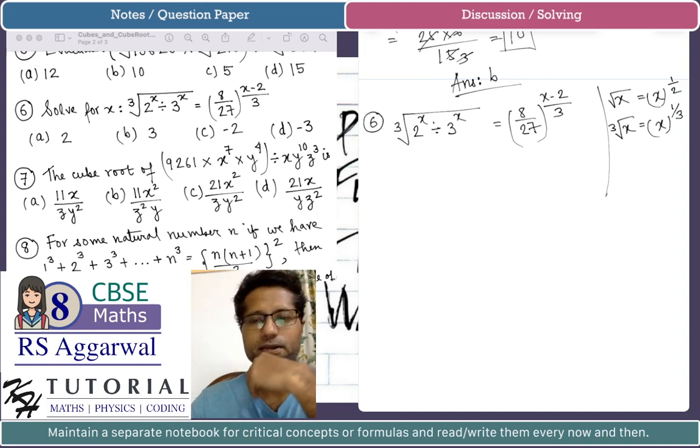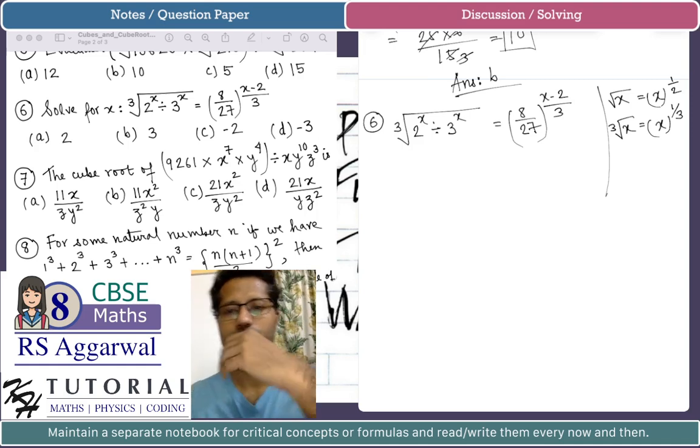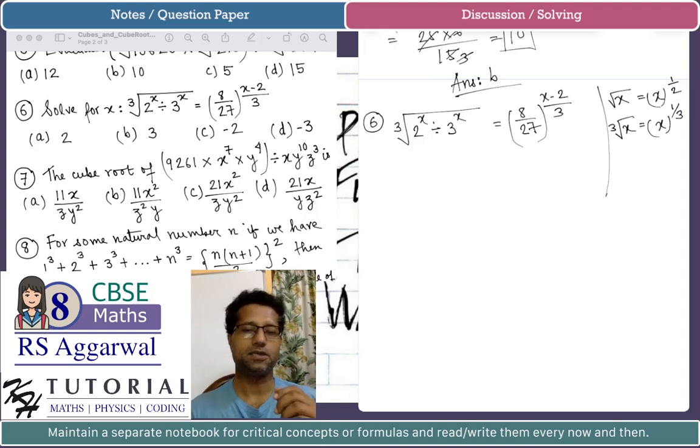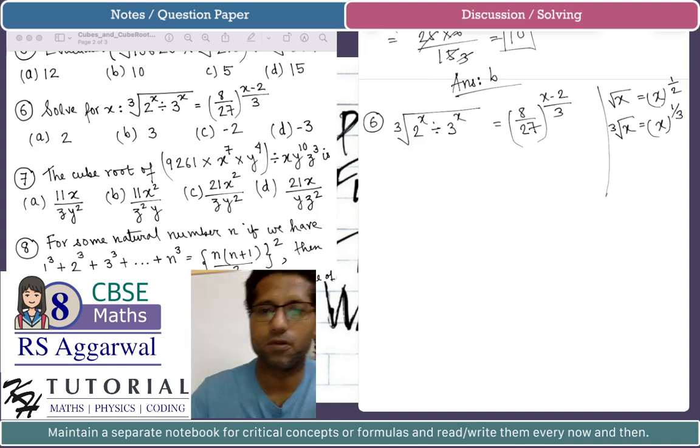So the basic idea for solving this kind of problem, since the unknown x is in the power, is to convert both the left hand side and the right hand side into exponential terms where the base will be equal, and then we can equate the powers. That is the basic idea of solving this kind of problem.